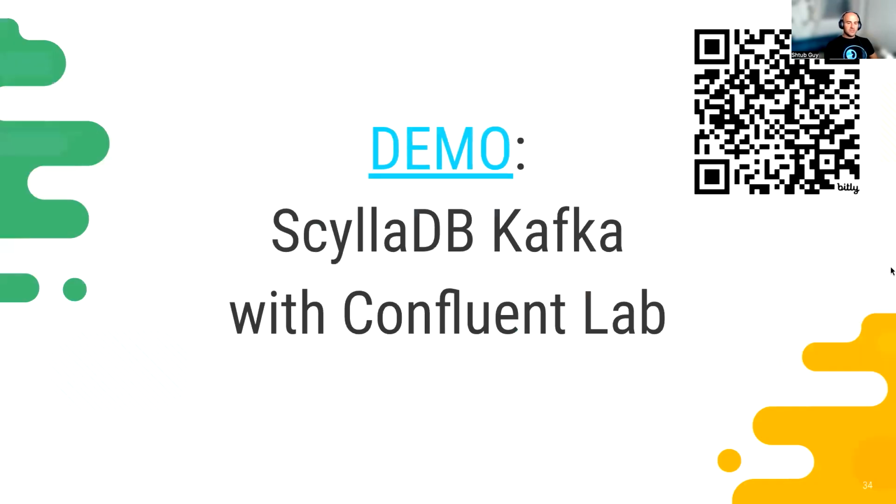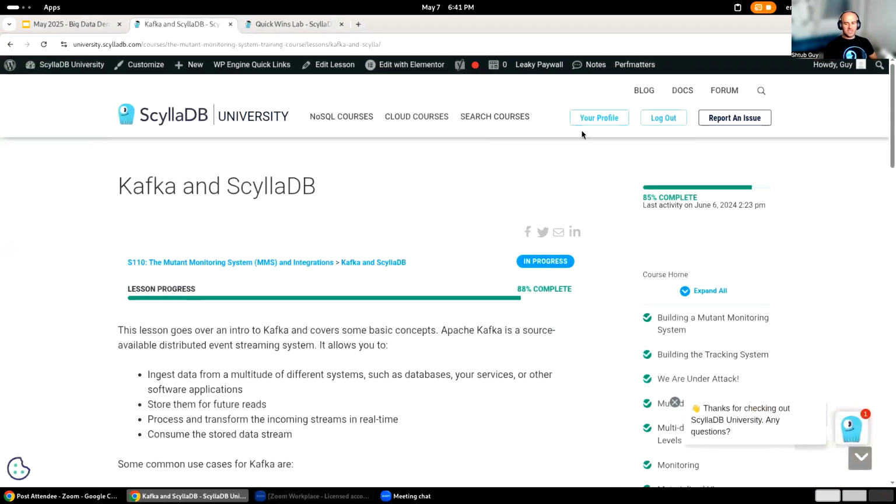So I put a link here to another demo. Again, I'm not really going to have time to show you the demo itself, but it's very easy to run it. Maybe let me just show you how it looks on the Scylla University website.